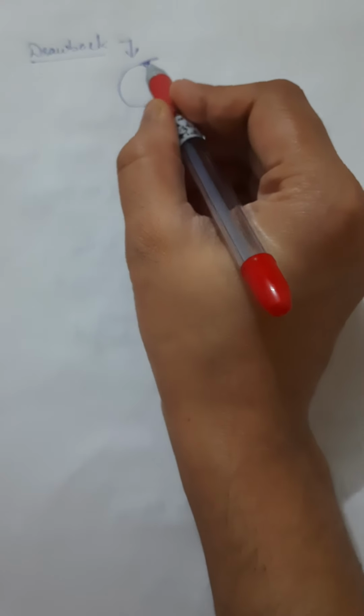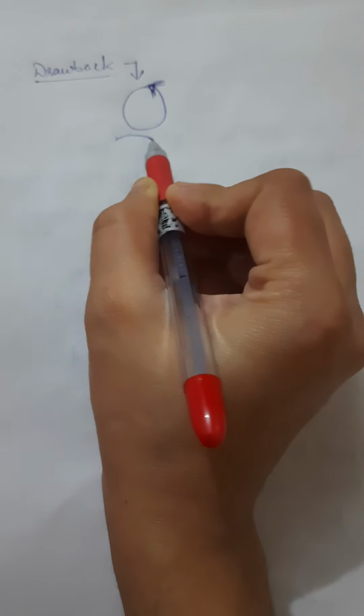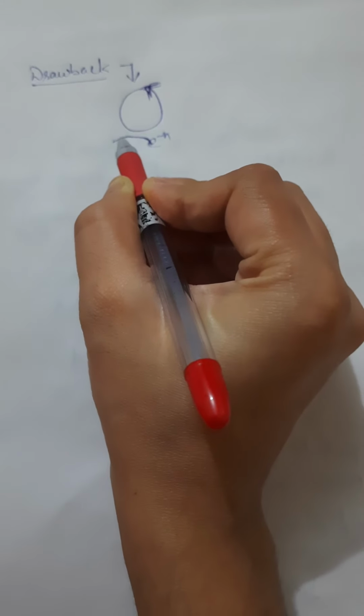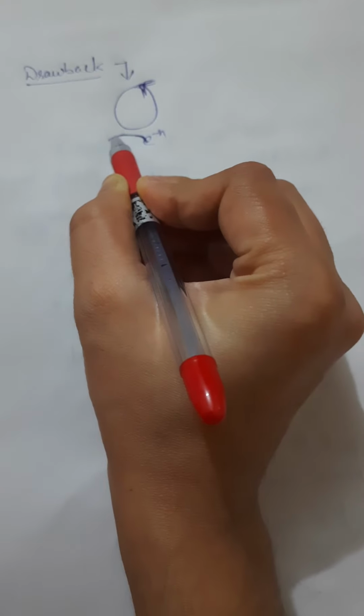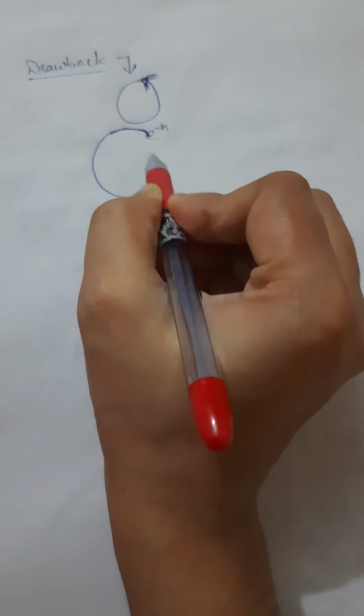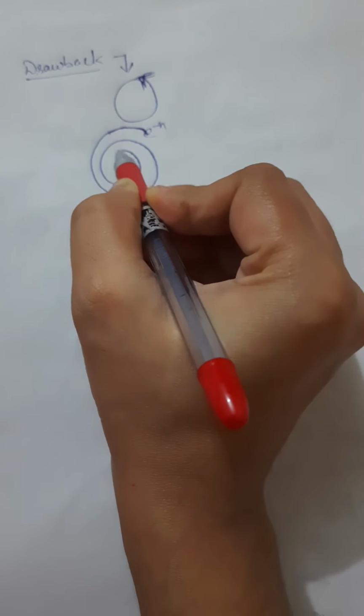According to this model, electrons are rotating around the nucleus, and a rotating body has accelerated motion. So due to the accelerated motion there will be loss of energy, and ultimately this electron should fall into the nucleus.